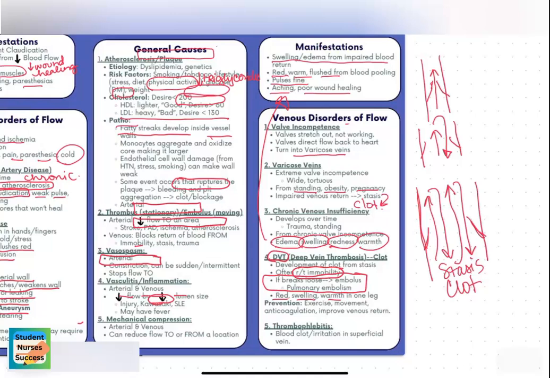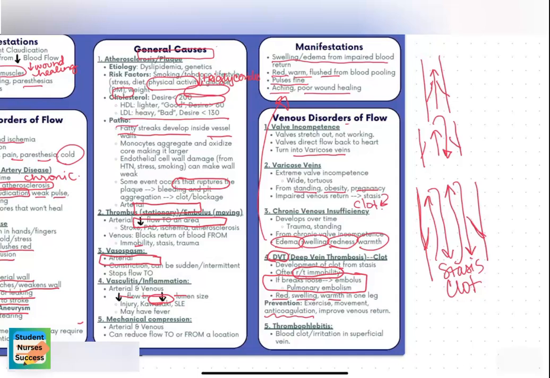Prevention is key. We want to improve venous return. Sometimes we put anti-embolism stockings on them. They may be taking heparin or some type of anticoagulation to decrease clot development. And certainly, if we can get them up and moving, that's going to decrease the development of DVTs.